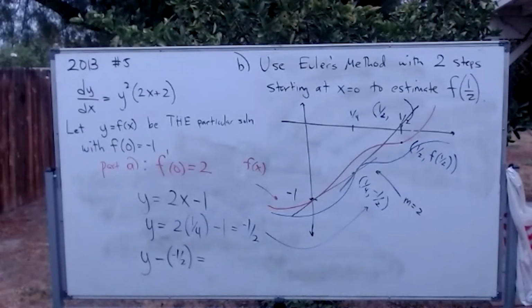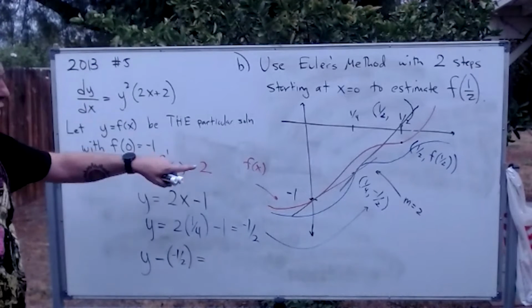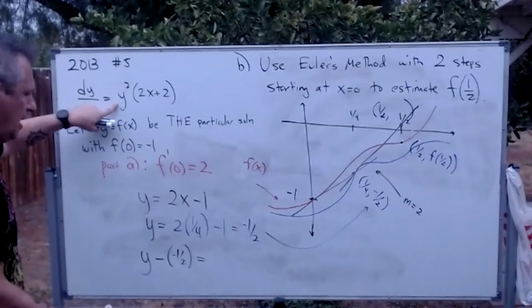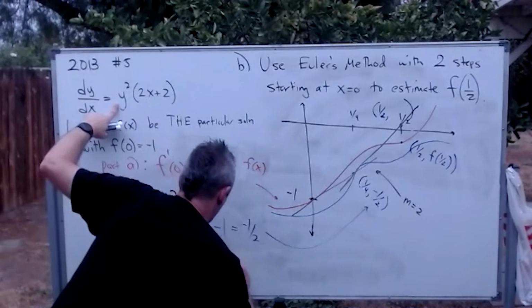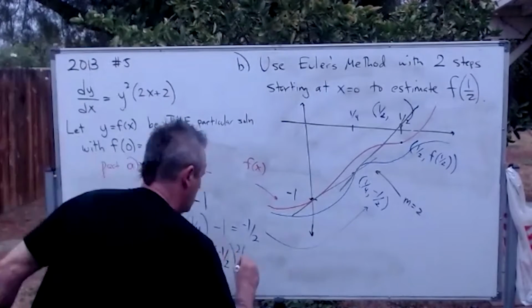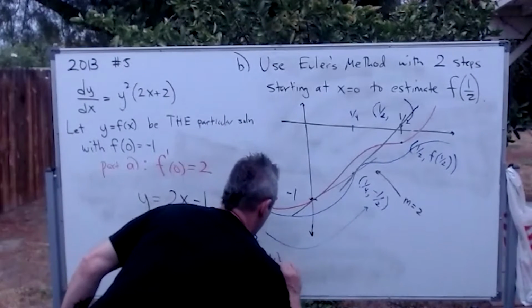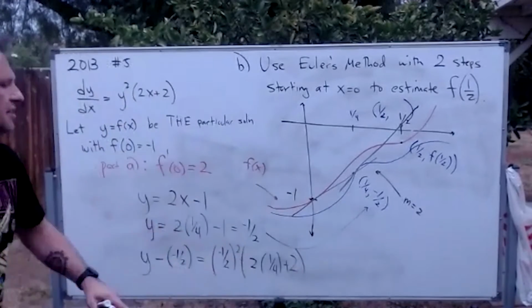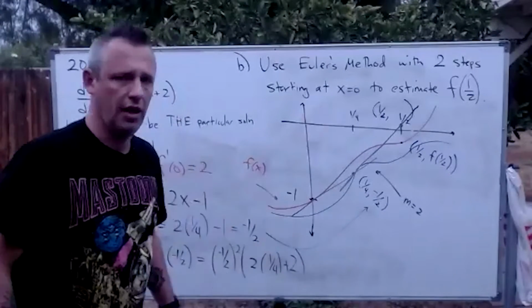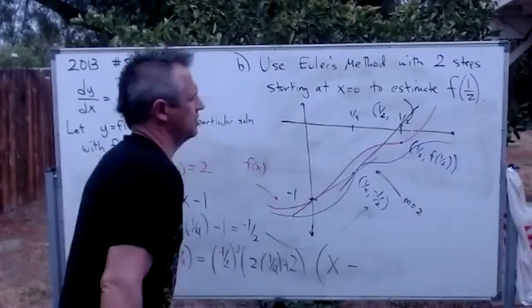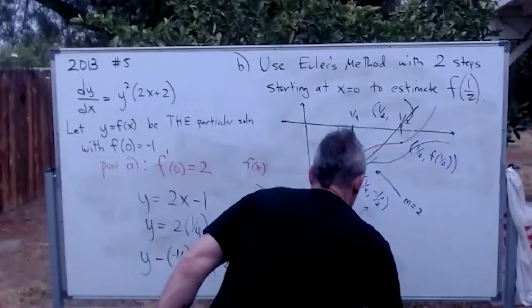So the y coordinate at 1/4 of this thing happens to be -1/2. So we're going to have (-1/2) squared times 2 times 1/4 plus 2. That is the slope of this brown line, times x minus 1/4.